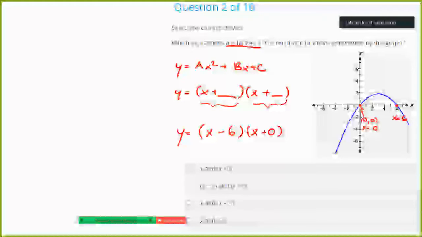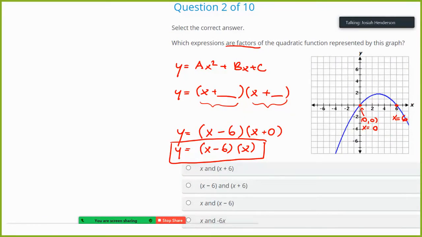Doesn't really matter because x plus 0 or x minus 0 is just equal to this, folks, x minus 6 times x. So this would be our factored form of our parabola or quadratic. And we know that just based on the picture. So there's our factors. X minus 6 and plain x. So it looks like this is the option that matches that.